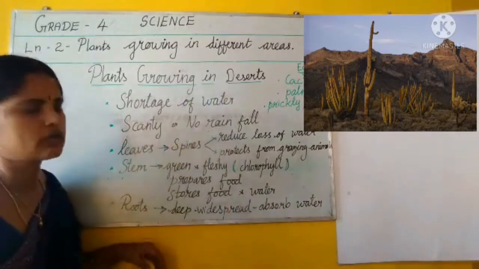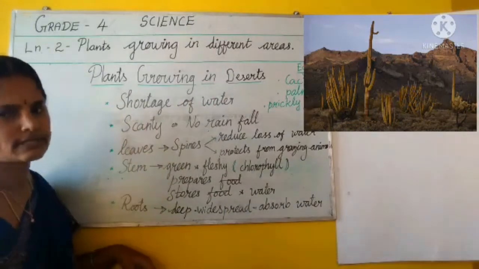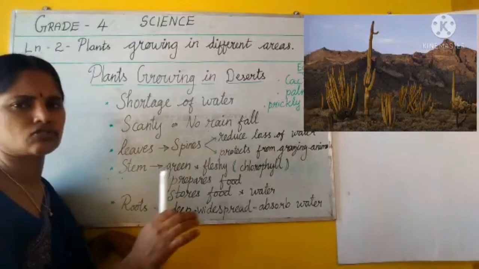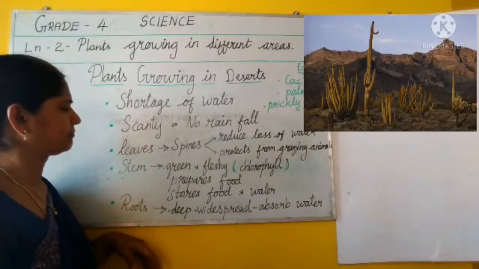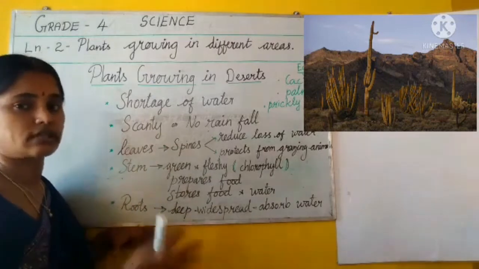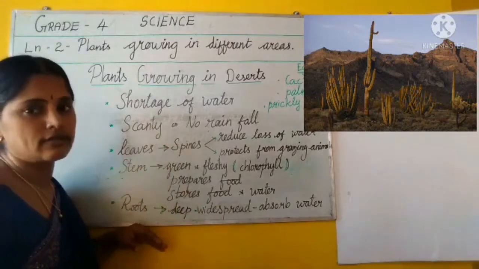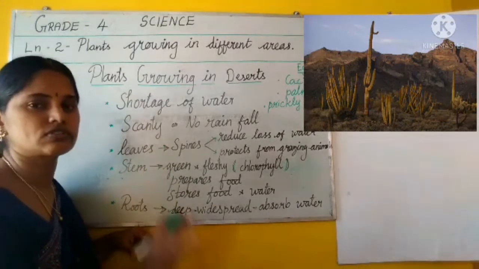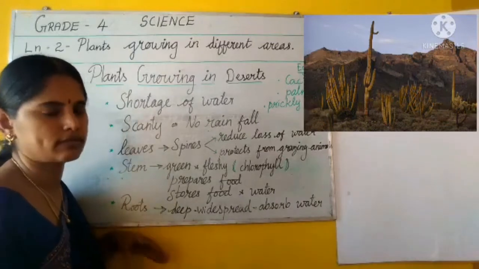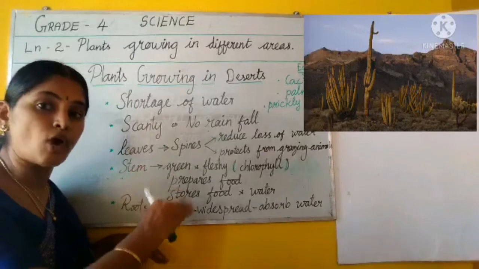Scanty or no rainfall. Sometimes there is no rainfall for years together. So, to overcome the situation, the stem, leaf and root structure should be suitable, isn't it? So, what is the modification?